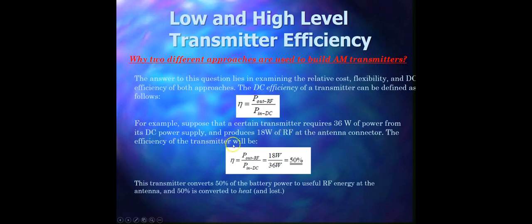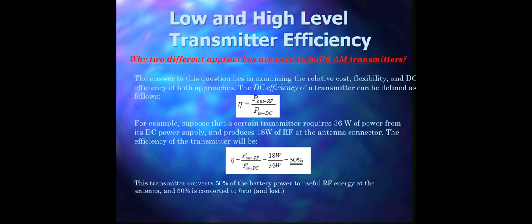The efficiency of the transmitter in that case will be given by this formula, P out RF divided by P in DC. Putting in the values, we see that 50% efficiency will come out. So this transmitter converts 50% of the battery power to useful radio frequency energy at the antenna, and the other 50% is converted to heat, or we can say it is basically loss.